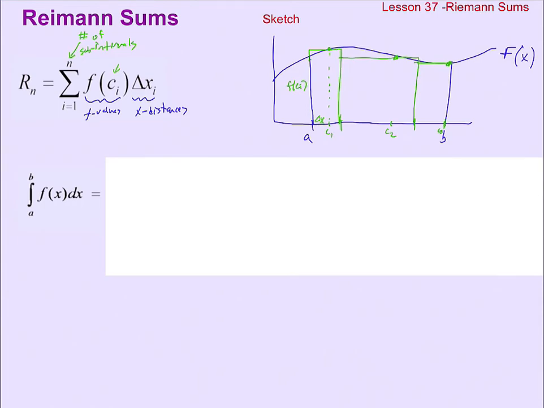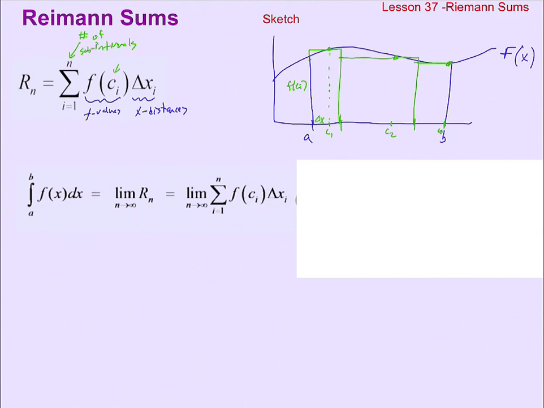If I would have chopped it up into more intervals, say maybe I would have made another one here, you can see that a lot of the space that I missed before is fixed because now it's part of a rectangle. Well, if I just do that an infinite number of times, in other words, think about approaching an infinite number of rectangles, then my Riemann sum would actually equal the definite integral. And so what I'll just do is write that Riemann sum out simply as the limit. Notice how other than the limit, this expression and this expression are the same thing.